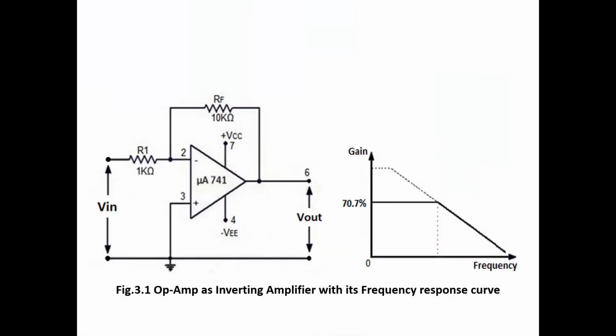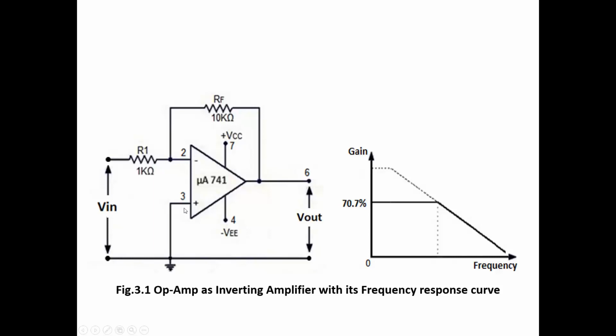This is the circuit diagram and frequency response curve of the inverting amplifier. In this amplifier, input signal Vin is applied to pin number 2 through a resistor R1, and a feedback resistor RF is connected between pin number 2 and 6.